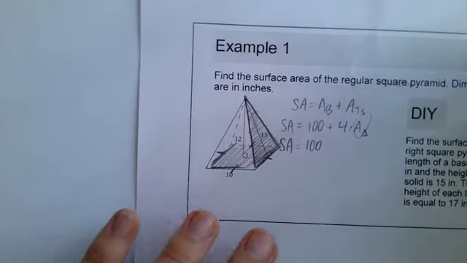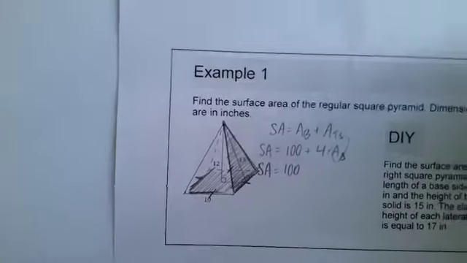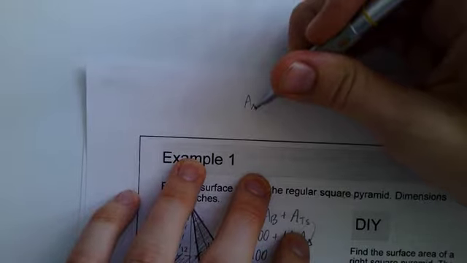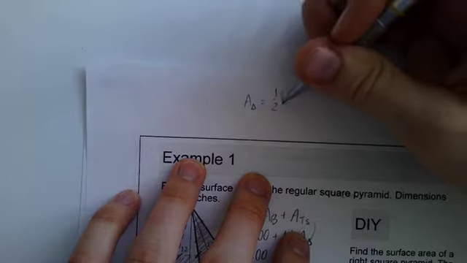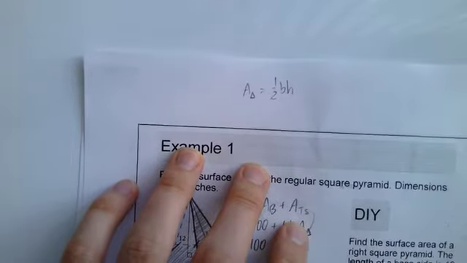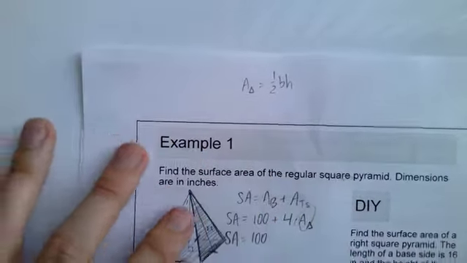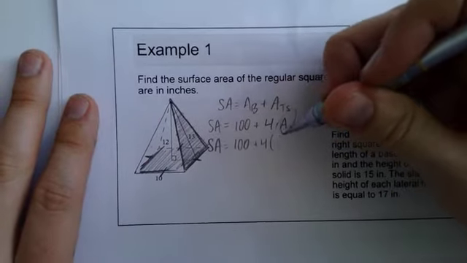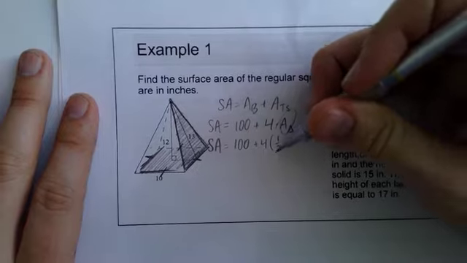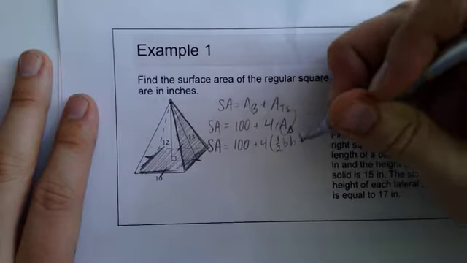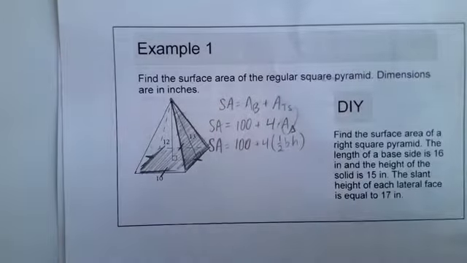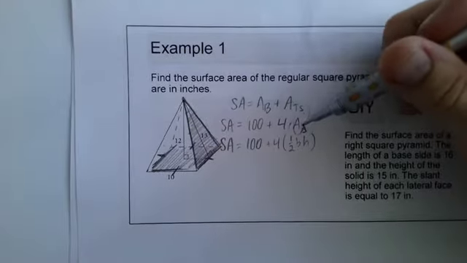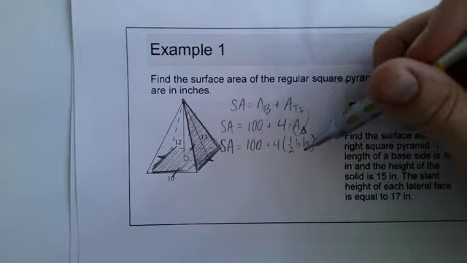Remember, the formula for the area of any triangle is 1/2 base times height. So it's our job to find out what the base and the height are. If I replace the area of a triangle with 1/2 base times height, am I talking about the height of the actual pyramid, or the height of the triangular face itself?